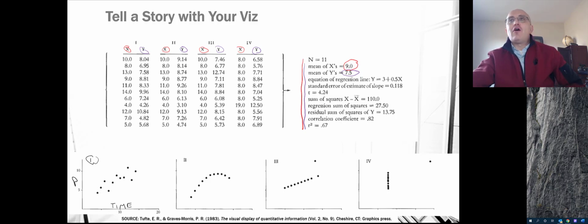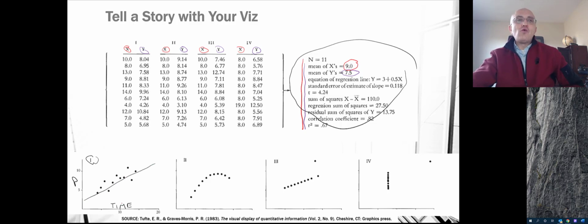Well, if we took a look at all our descriptive statistics, we couldn't distinguish between them, right? But if we take a look at stock number 1, you see it kind of has this nice up and to the left trend.